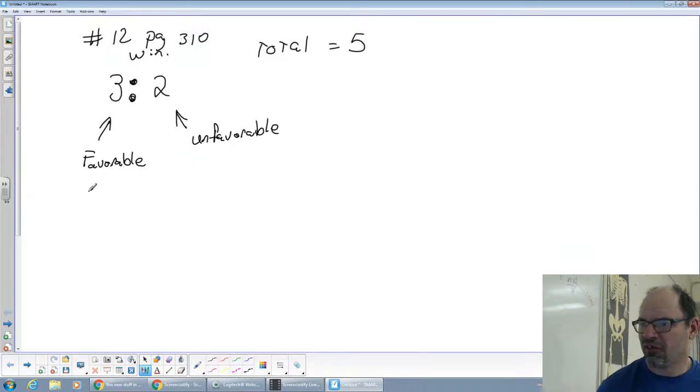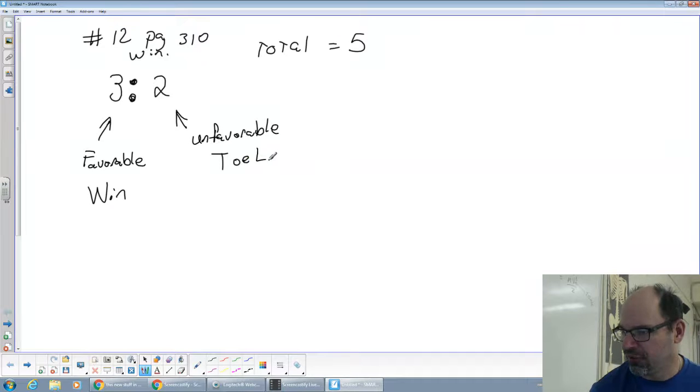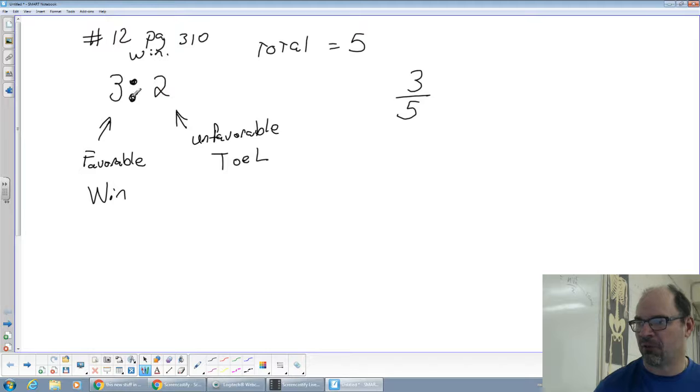So this tells us the favorable, it says 3-2 that they're going to win. So that favorable means a win. This could be a tie or a loss. So the two of them are ties or losses. So what we know is that the team wins 3 out of 5 games, because remember with odds, it's not the total, it's the favorable to unfavorable. So that's the first statement.